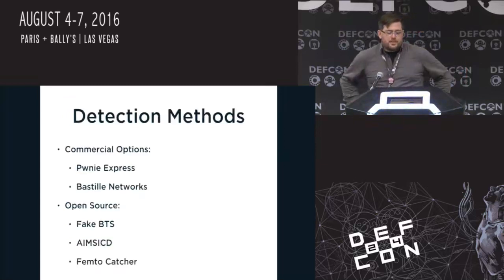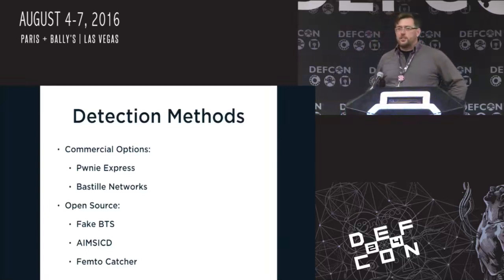So, current detection methods. Both Pony Express and Bastille Networks have an offering of which this is a subset. Open source options: Fake BTS is a really cool project. It served as the original inspiration for this. It's a collection of shell scripts that use Wireshark, AirProbe, and Calibrate to make a determination as to whether or not you have malicious nearby cells.